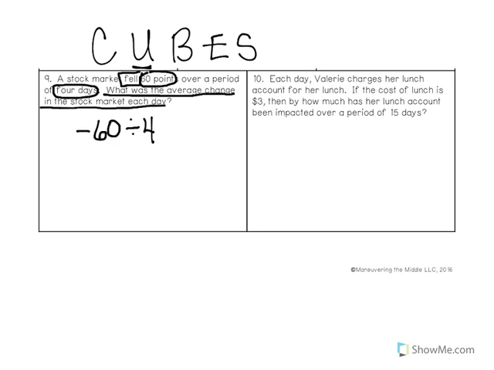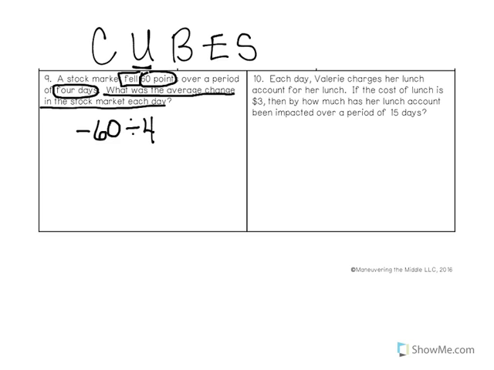Now, let me explain. The reason I know that it's division and not multiplication is because the stock market fell 60 points. So that's the total amount of points it fell. So if it's giving you the total to start with and asking you what was the average change in each day, so it was a part of the days, that means that it wants you to do division because it starts with the total and wants to know what each is.